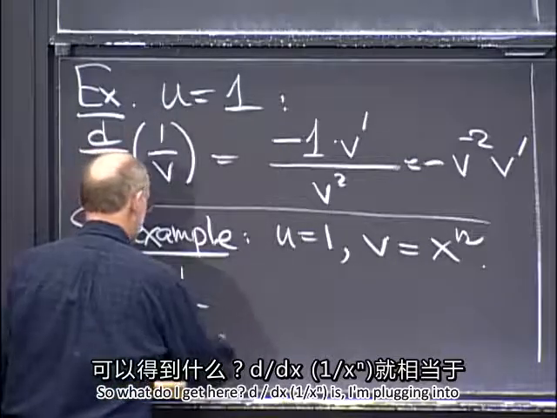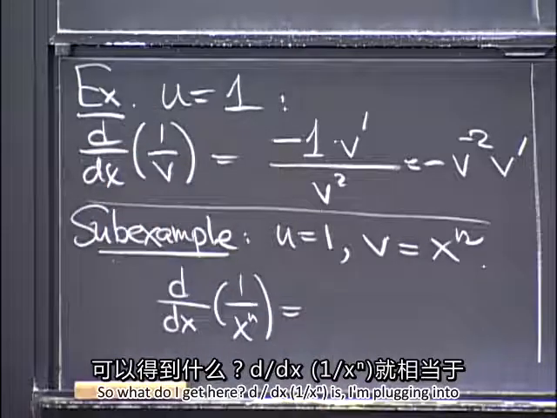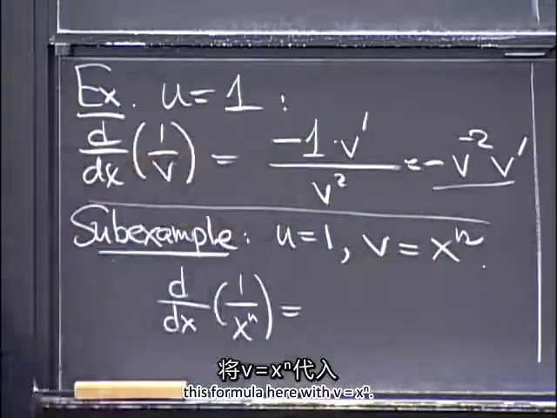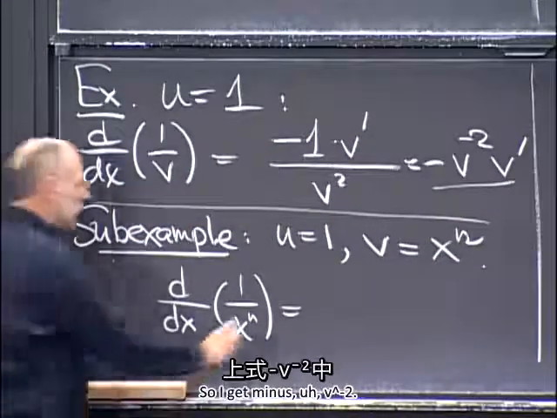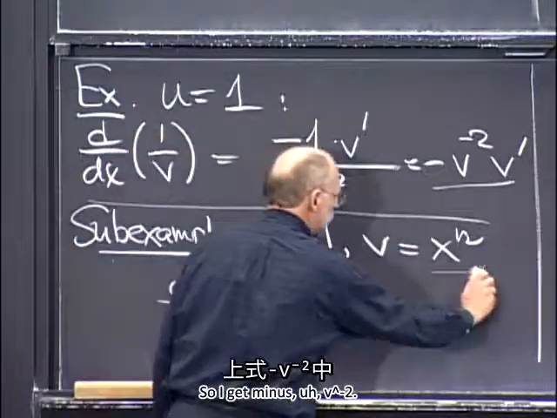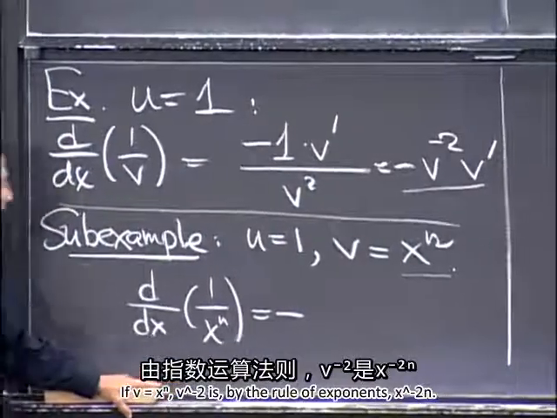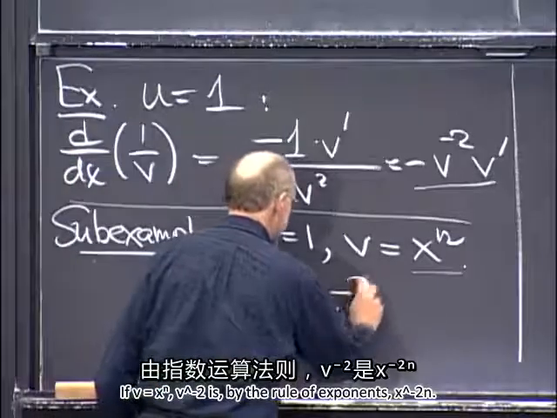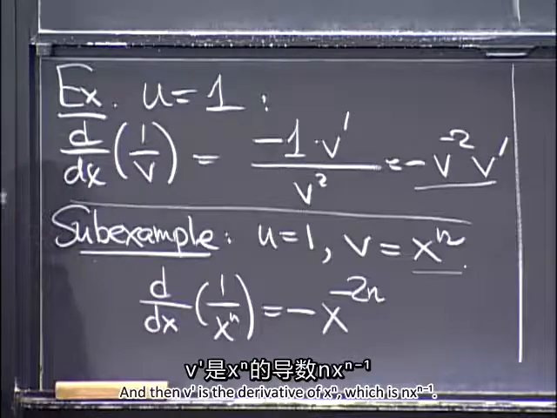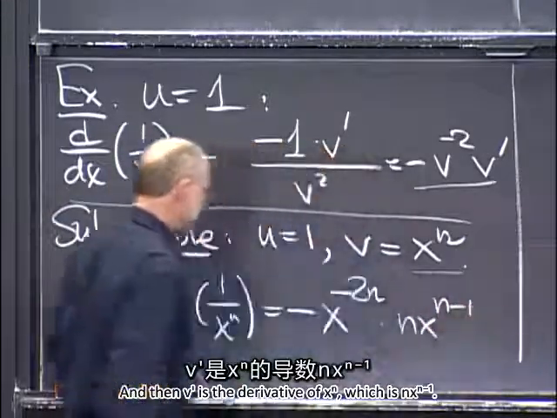D over dx of 1 over x to the n is, plugging into this formula here with v equals x to the n, minus v to the minus 2. If v is x to the n, v to the minus 2 is, by the rule of exponents, x to the minus 2n. And then v prime is the derivative of x to the n, which is n x to the n minus 1.